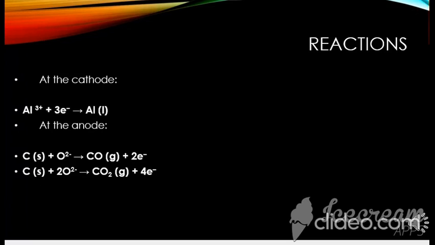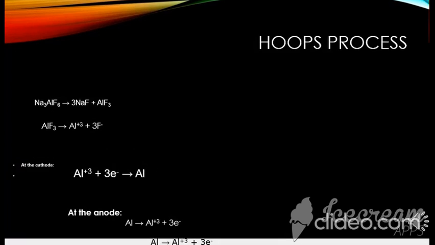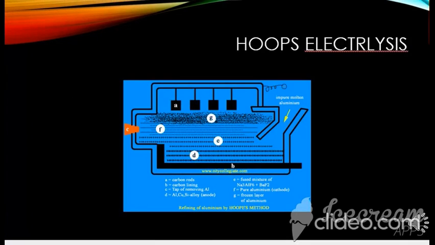With Hall's process, this is sufficient if you are going to take aluminium in 90% pure form. But we need aluminium in the 100% purest form, so we have to apply another electrolysis for getting the aluminium in 100% pure form.